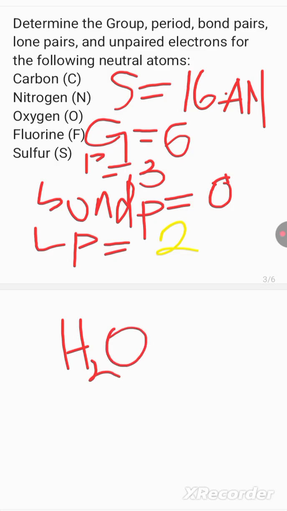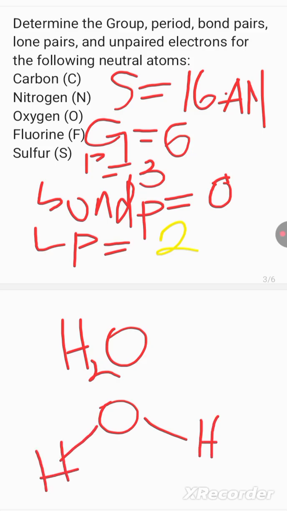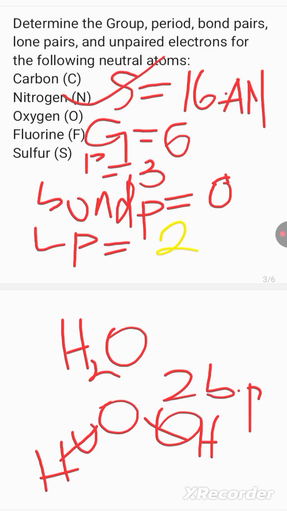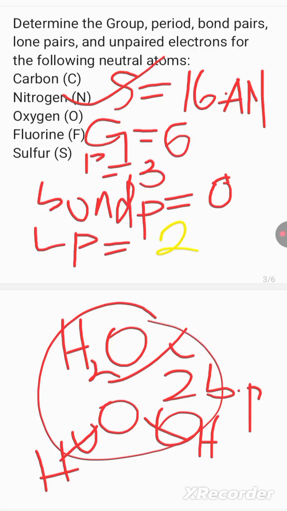You know that oxygen will be the central atom, while the 2 hydrogens are bound with it. Now you can see that oxygen is having 2 bond pairs in this kind of molecule. So it depends: when atoms are standing alone, as neutral atoms, it is different from when they join together with another element to form a molecule. So we are going to be discussing this in my next class.